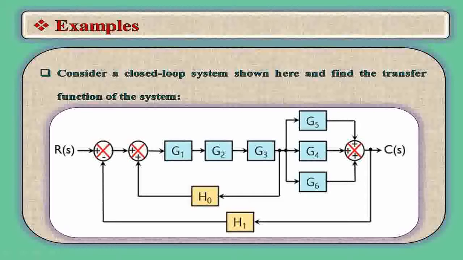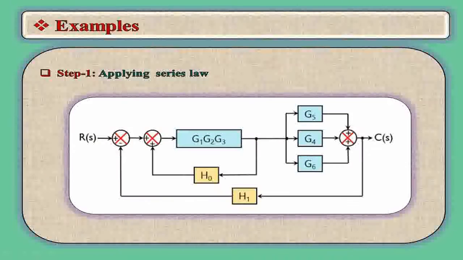By applying the series law, according to rule number 1, we can simplify the diagram. Step number 1, applying the series law, reducing the three directly connected blocks in series into a single block, and gain will be G1, G2 and G3, and we get the diagram as shown in figure.